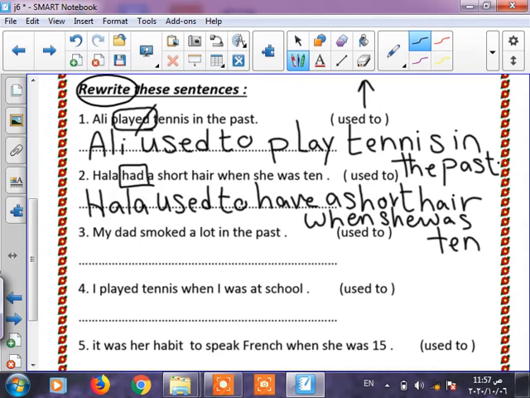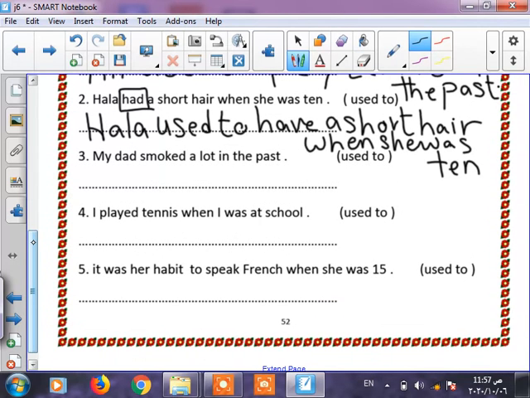So, how can we use the word used to here? I have to cross out was her habit to. In this sentence, we talk about a girl because of the word her, so here becomes she. She what? She used to speak French when she was 15.